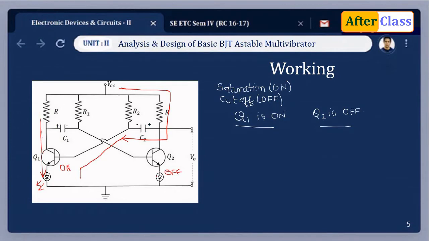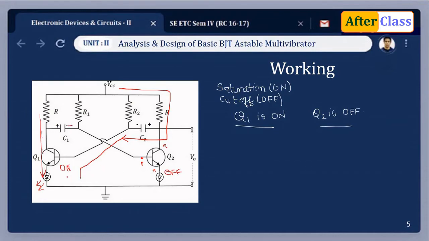Now, though we have assumed that Q2 is off, let us try to trace the circuit. This is an NPN transistor. The base of this NPN transistor, which is positive, is getting connected to the negative polarity. So Q2 is indeed off due to the negative voltage from the discharging capacitor C1.